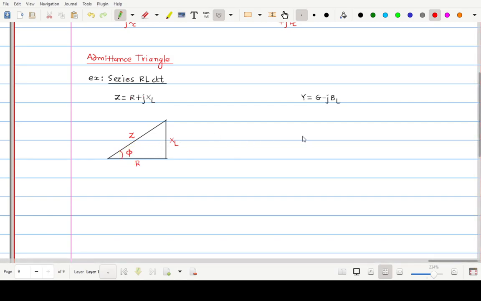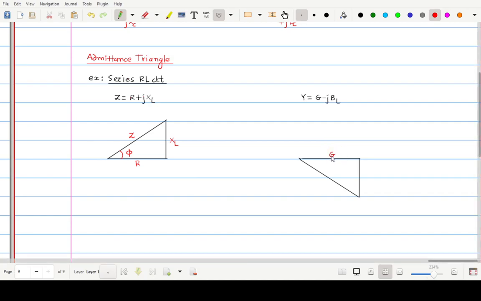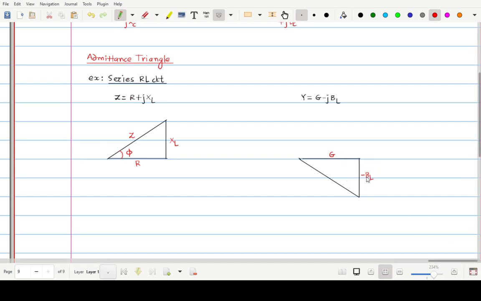Now we have to draw the admittance triangle. Admittance triangle is exactly opposite of impedance triangle, so it will look like this. Instead of resistance, now you will get conductance. It is always positive, so here it will remain as it is. Now instead of plus XL, what you are getting is minus JBL. So this is your minus BL, and it will be in the downward side due to the negative sign.